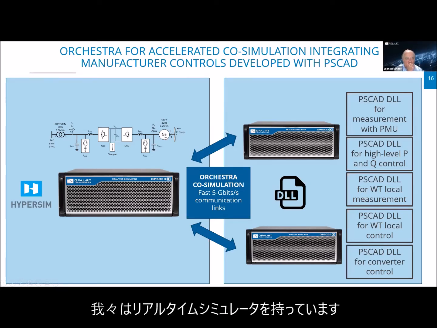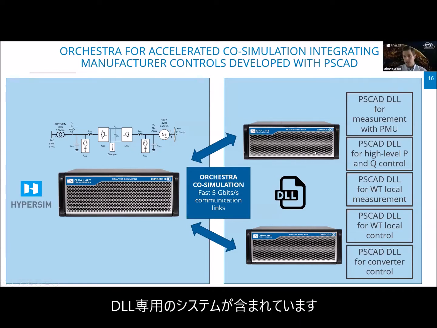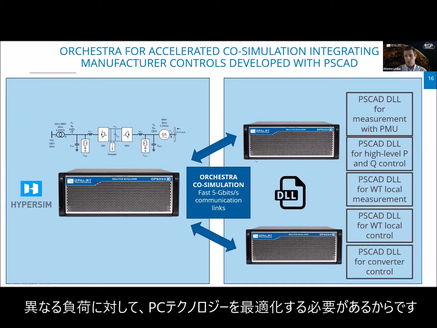We do have a real-time simulator that's dedicated to simulating the power system or the plants, and we have dedicated systems for the DLLs. Why is that separated? We need to be able to optimize the PC technology for the different loads.